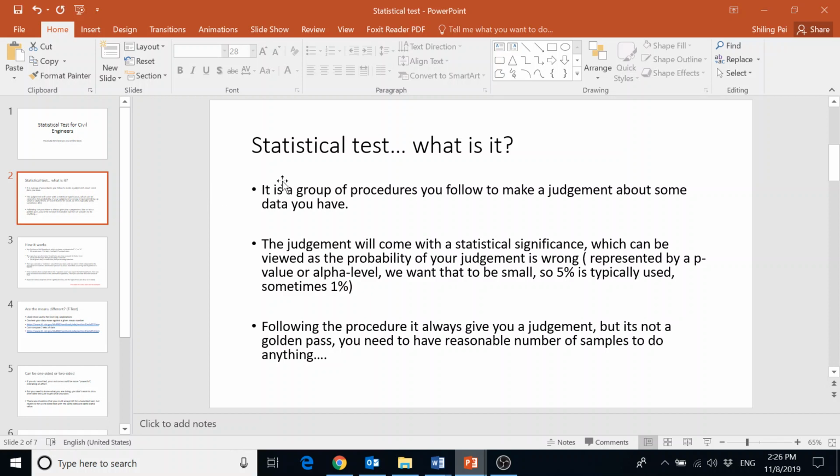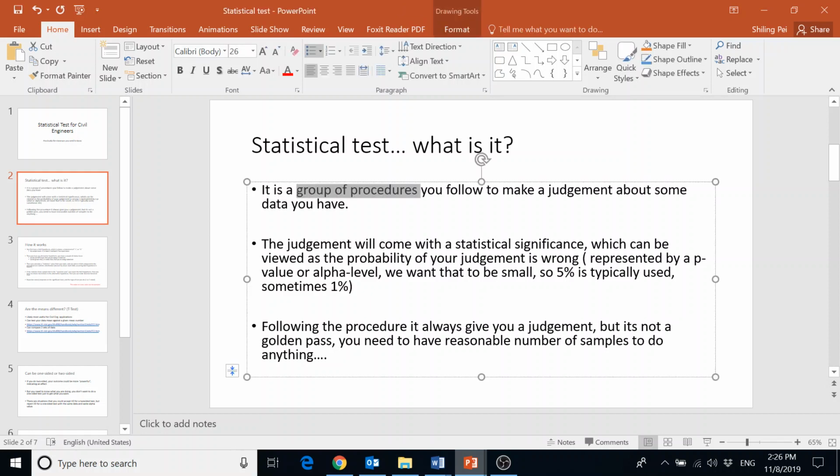What is it? Statistical testing is just a group of procedures you follow to make a judgment about some data you have. For example, someone ships you some concrete and claims this is a 5 KSI concrete.